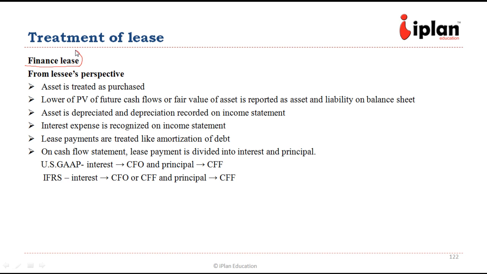Let us look at the treatment of lease from the lessee's perspective. We are talking about the finance lease or capital lease first. Under this, the assets are treated as purchased. So for the lessee, they will enter the balance sheet. The lower of the present value of cash flows or the fair value of the asset, the lower of these two numbers, is reported as asset and liability on the balance sheet.